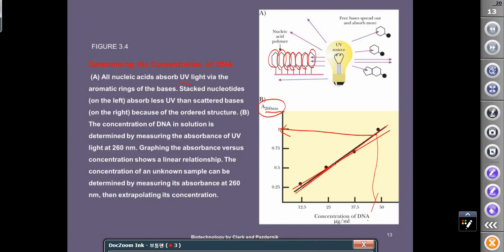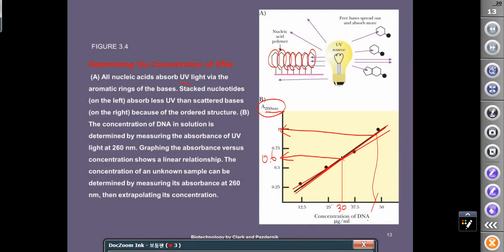So you get this profile, and then afterwards, if you have an unknown sample of DNA, you don't know the concentration, but you get, for example, let's say 0.6 absorbance, then your sample's DNA concentration should be somewhere around 30.